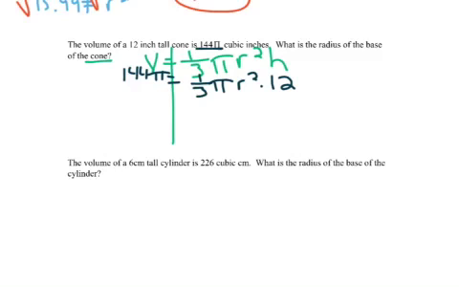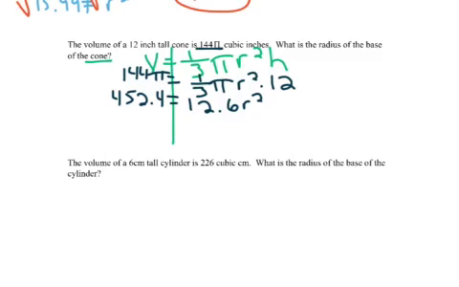1/3 times pi times my radius squared, and it tells me here my height is 12. So just like Mr. Kate's video, you're going to simplify the left side, simplify the right side by multiplying. 144 times pi is roughly 452.4. 1/3 times pi times 12 will roughly give you 12.6, and we're left with r squared.